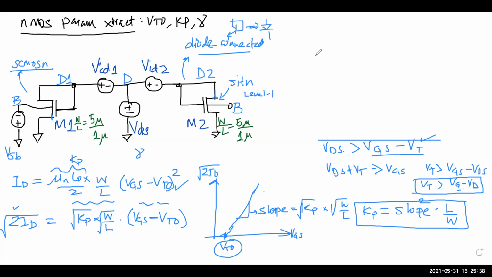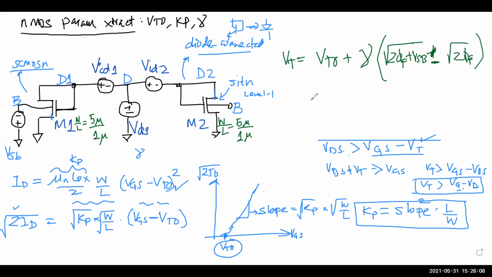So the gamma equation, right? If I write the complete equation, VT is equal to VT0 plus gamma times the square root of 2 phi f plus VSB, minus the square root of 2 phi f.